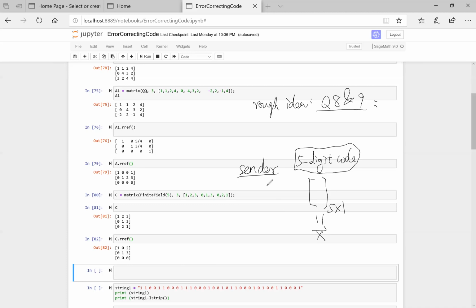The way the sender adds the redundancy is to multiply this code by a generating matrix called GBig. GBig is 9 by 5, which is on page 2. So you can see a very concrete GBig.